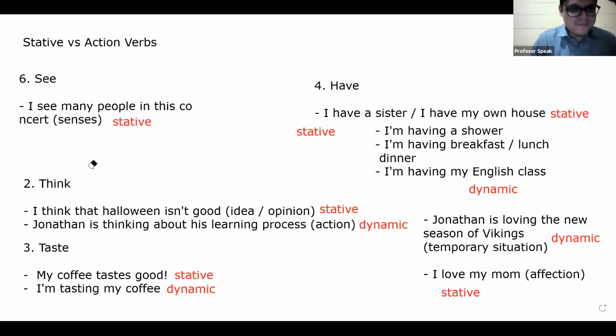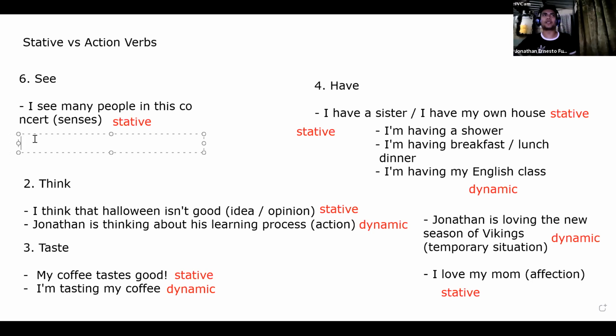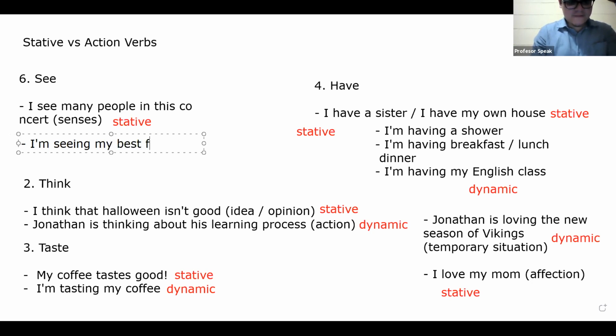Ah, I erased the example, sorry. Okay, all right. So, Control C is not working. I'm seeing my best friend after class.